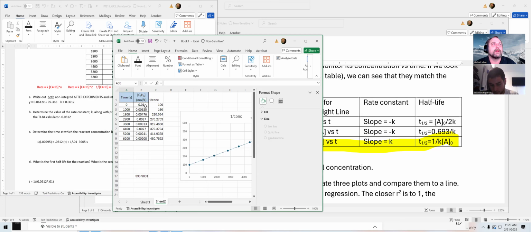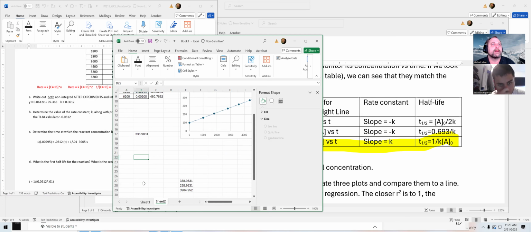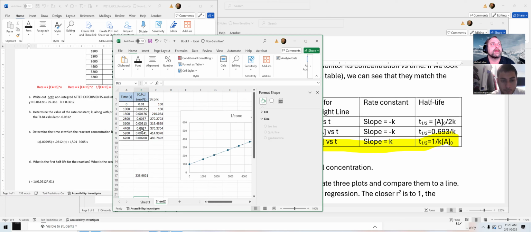So half, we start at 0.01, so half the concentration would be 0.005. So 0.005 happens close to 1800, but partway between 1,000 and 1,800 seconds. And we got 1633, which is closer to the 1,800. So that makes sense. That's where it's halfway.